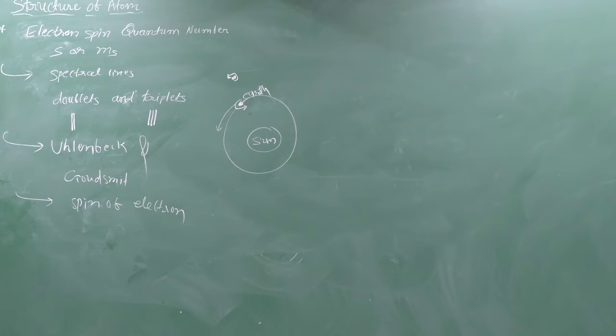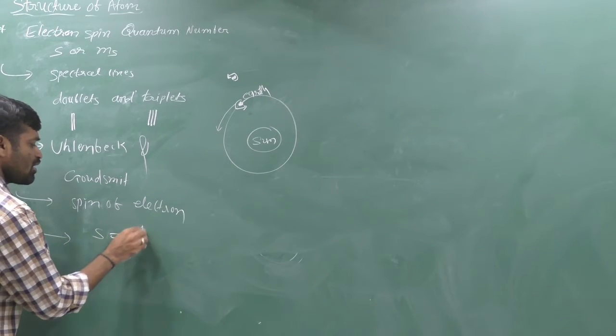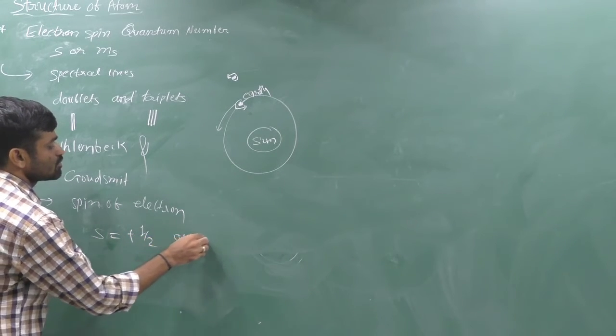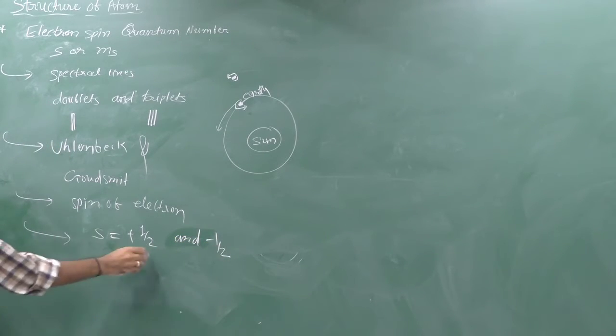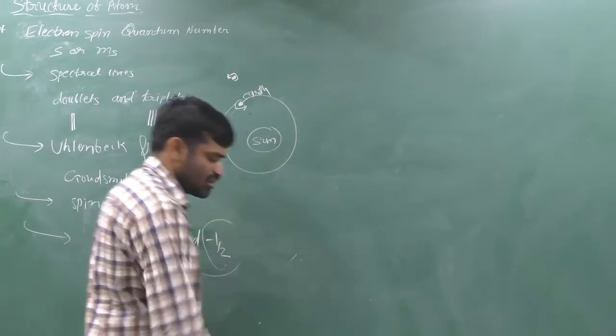Spin quantum number s: only and only two values are possible, that is plus half and minus half. Either the electron contains a plus 1/2 value or a minus 1/2 value.